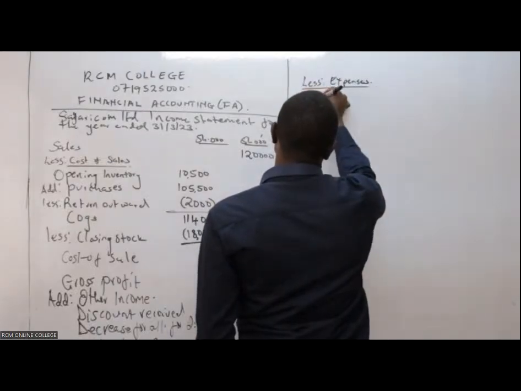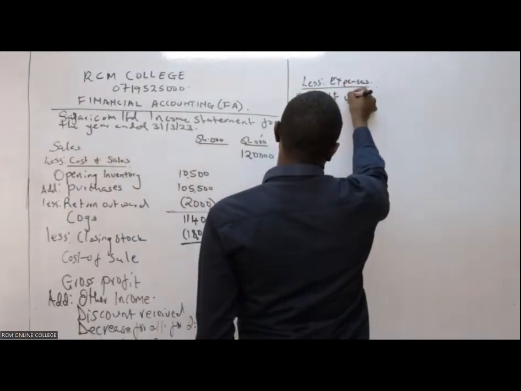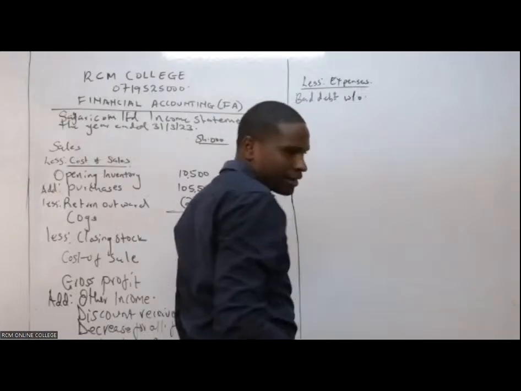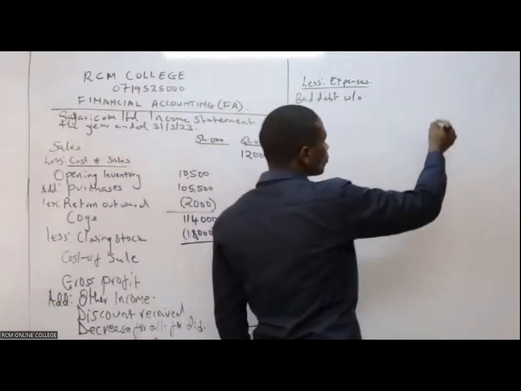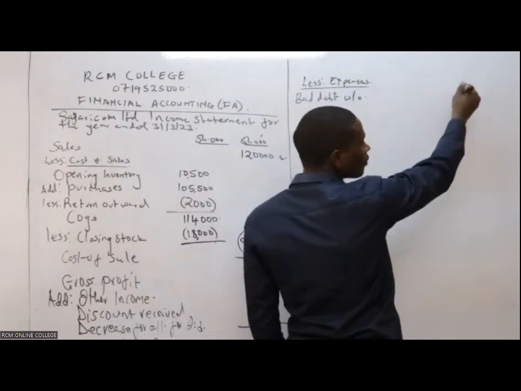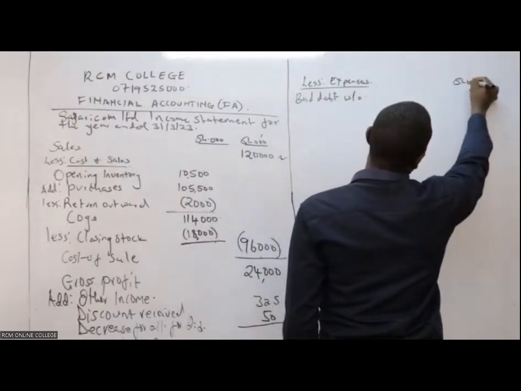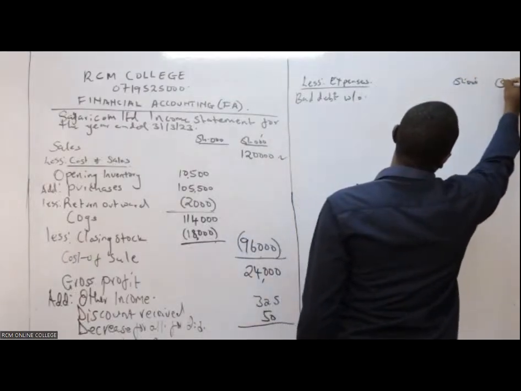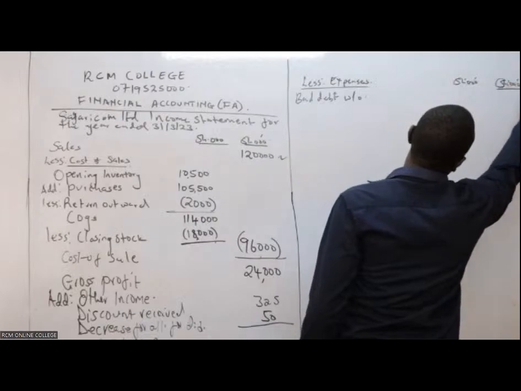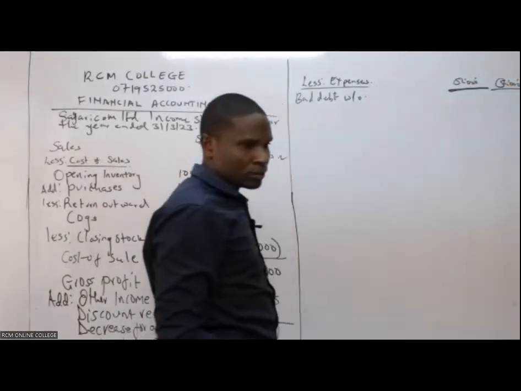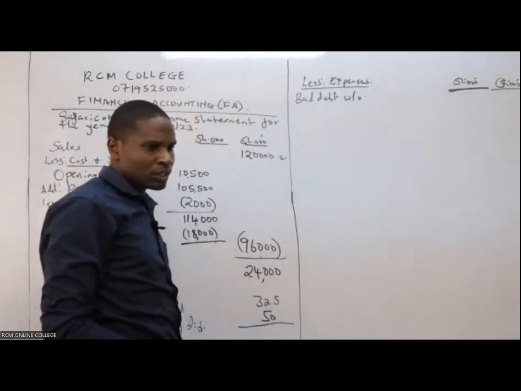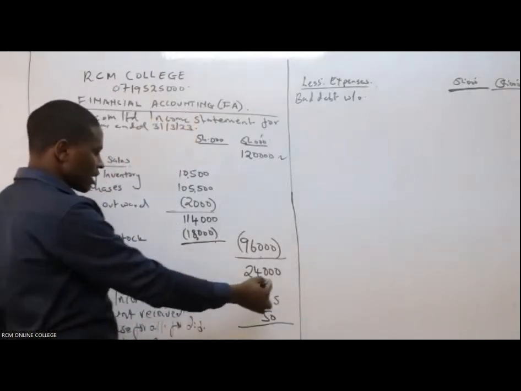Tuko na bad debt written off. So what's the total here? My shillings are in 1,000. Just add this.